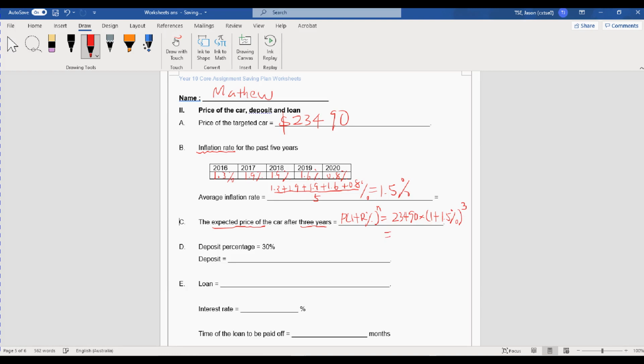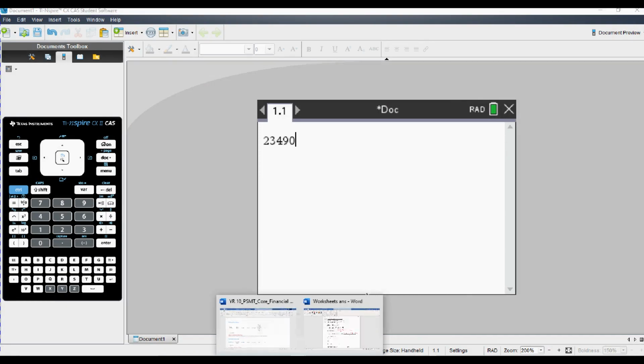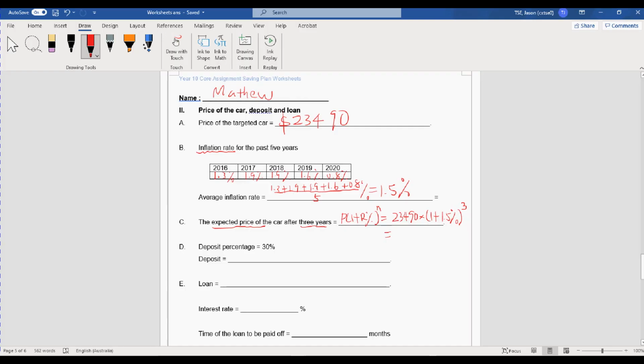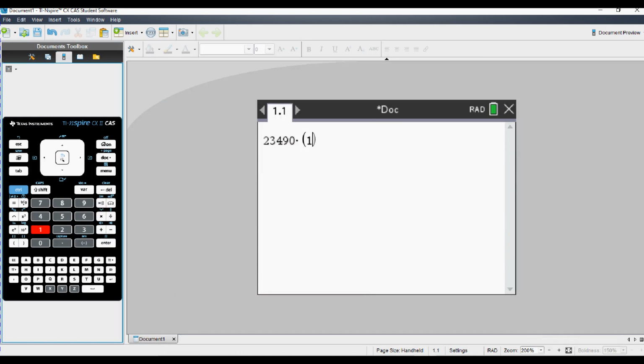So how can we do that? I will show you the screen of a calculator. 23490, is that the amount we have? Let me go back to see. Yeah, and then you have that 1 plus 1.5.